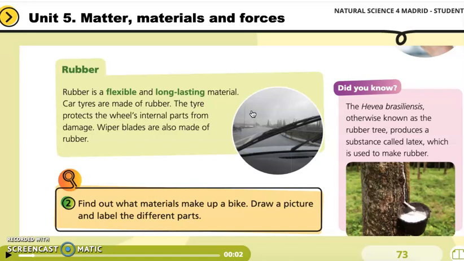As a review, I want to ask you some questions, okay? I'm going to ask you the question, but then I want you to pause the video and answer it, to yourself out loud. Why is steel used to make the skeleton of the car?